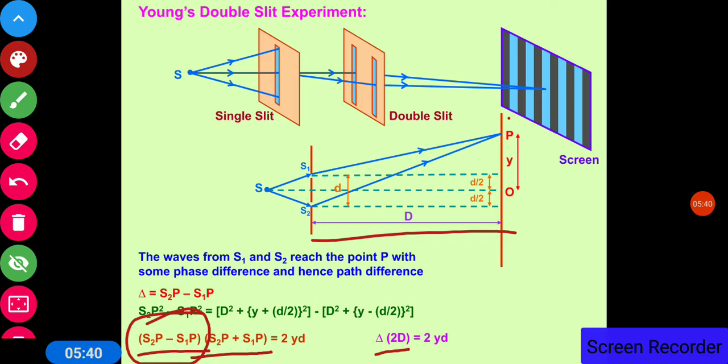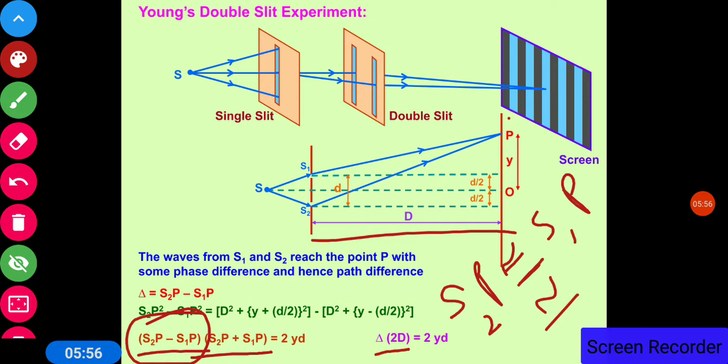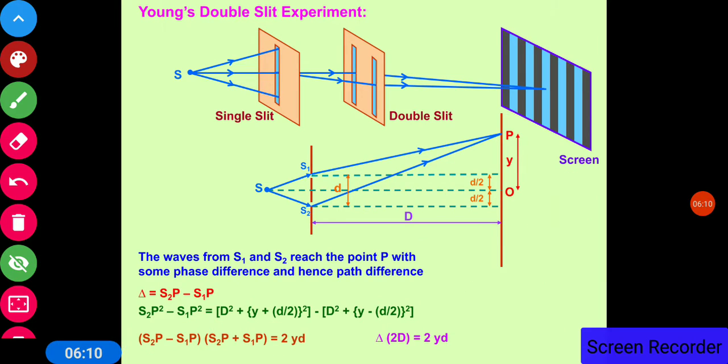So here we have taken the approximation that S2P is approximately equal to S1P and approximately equal to capital D, and S2P plus S1P gives 2D. This approximation we have taken here.